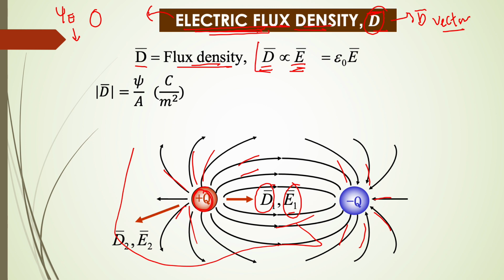If you want to convert from proportionality into equality mathematically, we need to introduce one constant, which is epsilon naught. So D is equal to epsilon naught E.